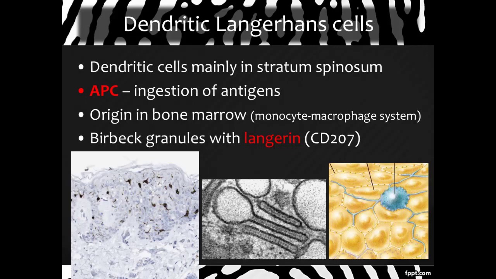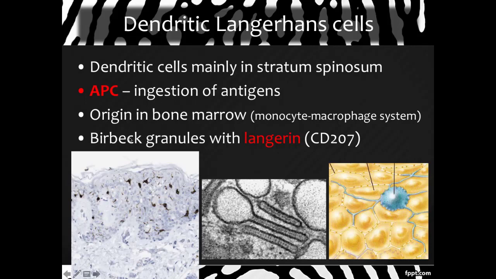The last type of cells are the Langerhans cells, which are antigen-presenting cells. In the epidermis, they are dendritic appearing, and they originate from the common lymphoid progenitor cells. So they are from the bone marrow, as the monocyte macrophage system is.